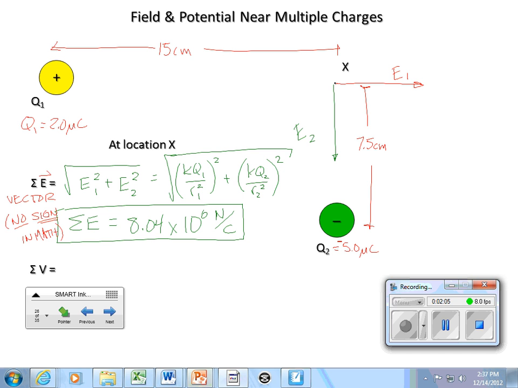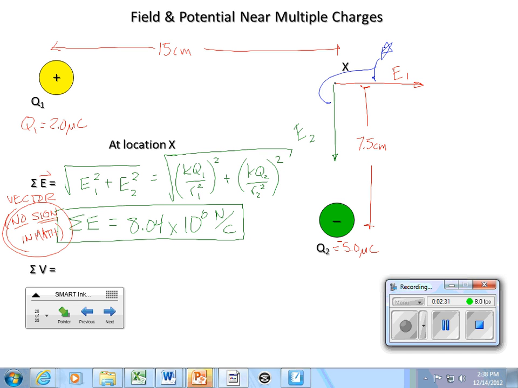The reason we say that is because here, in this drawing, is where we take into account the sign of the charge. We use the sign of the charge to figure out the direction of things, and then once we have the direction taken care of, we can use that to make our expression for the net electric field.